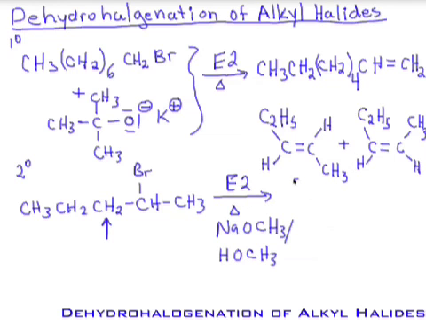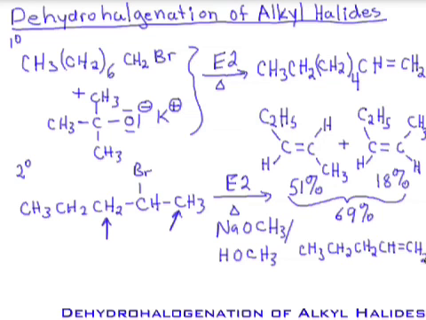Now the percentage is typically 51% trans and 18% cis. The total amount of 2-pentene, therefore, is 69%. The other molecule that forms is when this carbon's beta hydrogen is pulled off. And of course, if you draw that, you get 1-pentene, which forms at 31%.